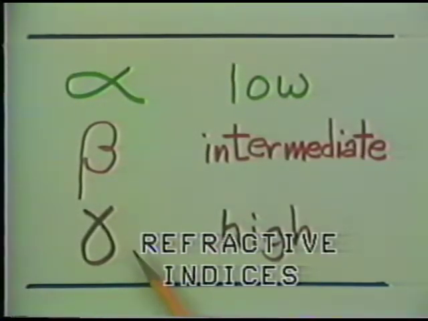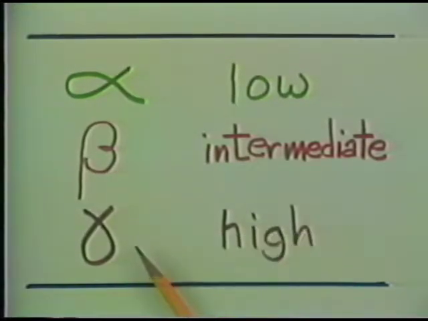Again, unlike the uniaxial minerals, we have a very strict convention about alpha, beta, and gamma. Alpha is always the lowest of the three refractive indices. Beta is always the intermediate refractive index, and gamma is always the highest refractive index.